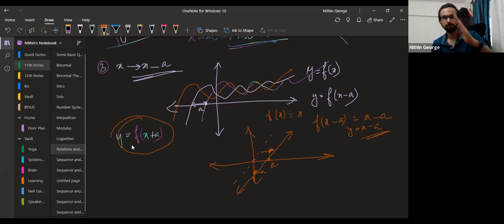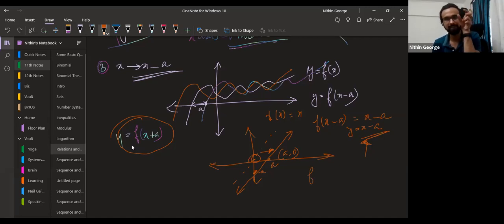Whenever you replace x with x minus a, you're basically moving it a units forward. The origin becomes the point a comma 0 in this transition. That is what I said, shifting of origin.